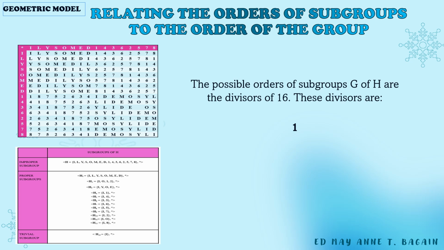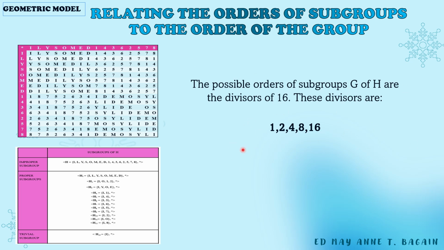These divisors are 1, next 2, next 4, next 8, and next 16. So all of these are the possible orders of subgroups of H.